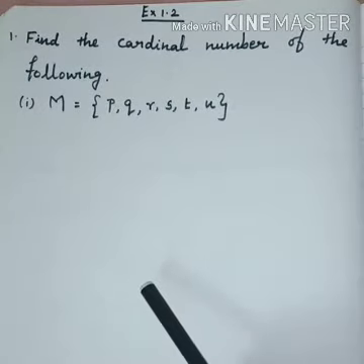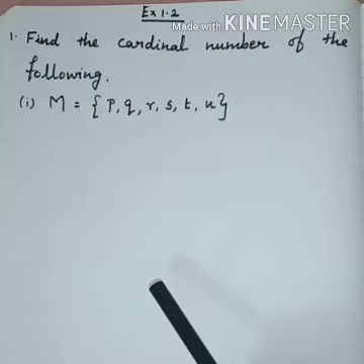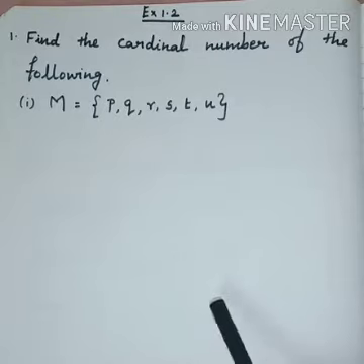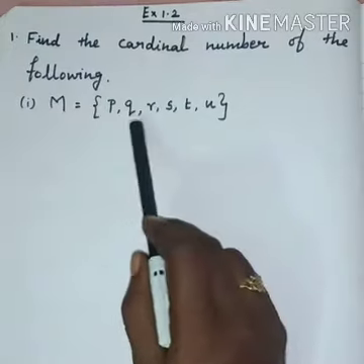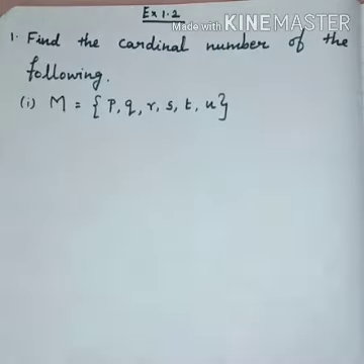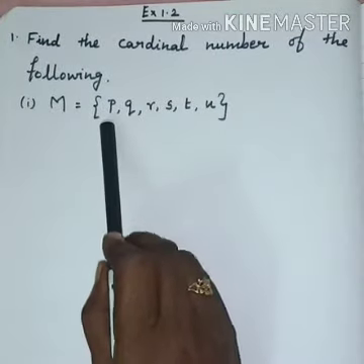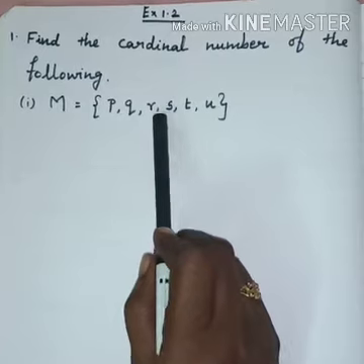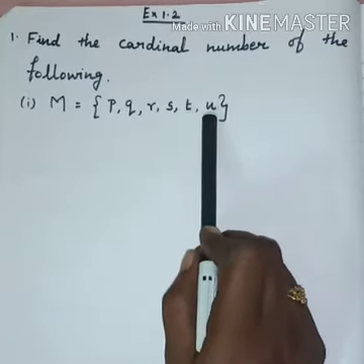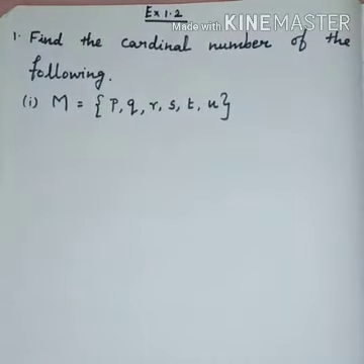Cardinal number is nothing but the number of elements in the set. The number of elements in the set is called the cardinal number of the set. So, how many elements are there in the set M? 1, 2, 3, 4, 5, 6. There are 6 elements in the set M.